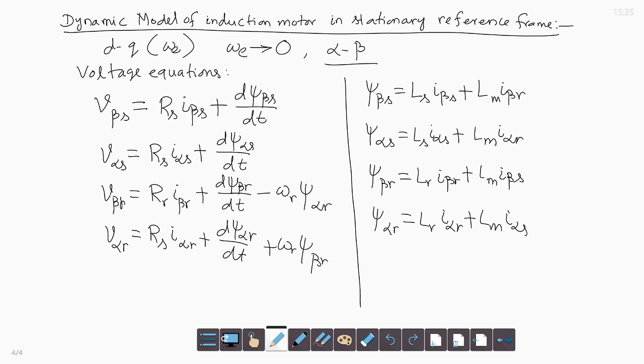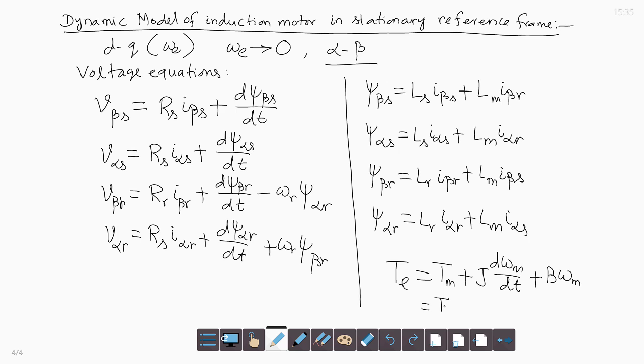Then apart from the torque equation, there is a torque balance equation which is always to be used: electromagnetic torque T E equals load torque plus inertia torque, that is J d omega m by dt, plus, if viscous friction is to be considered, B omega m, where omega m is the mechanical speed.